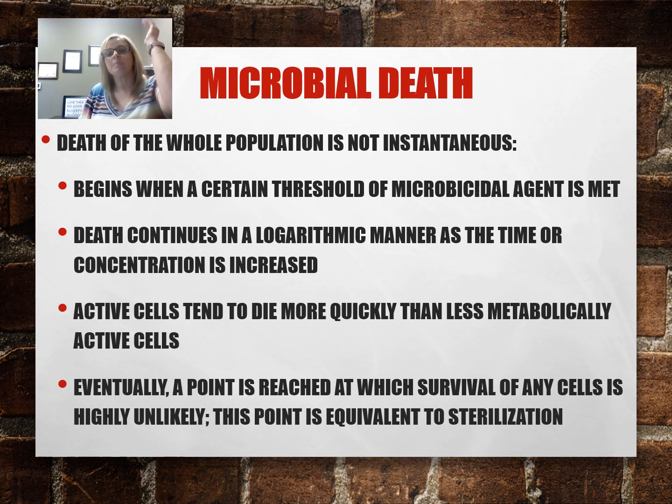Even under optimum growth conditions, this has become the accepted microbial definition of death, is permanent loss of reproductive capability. So this is really important. Active cells continue to die more quickly than less metabolically active cells, and eventually a point is going to be reached where the survival of cells is highly unlikely. Okay, so this point is equivalent to sterilization.